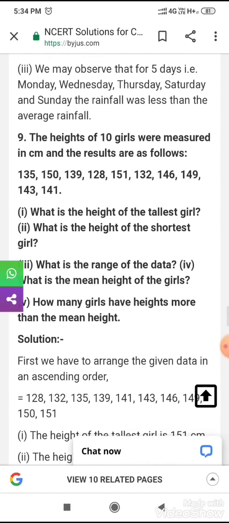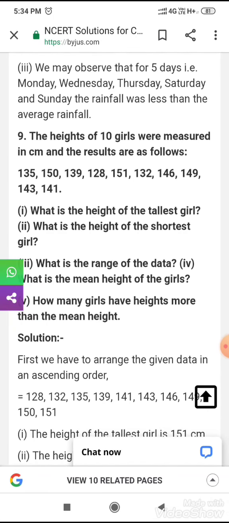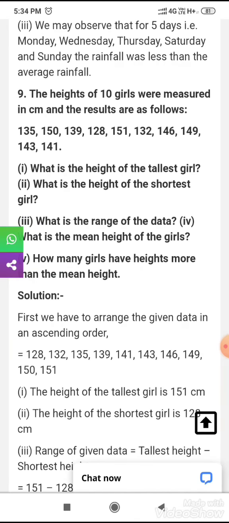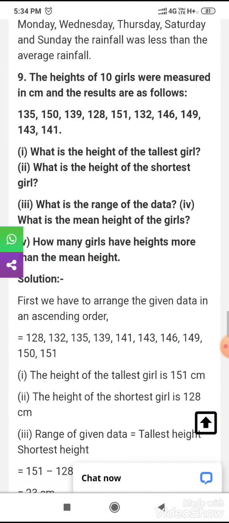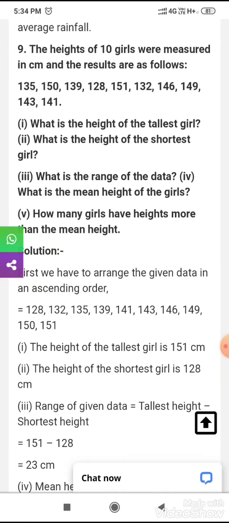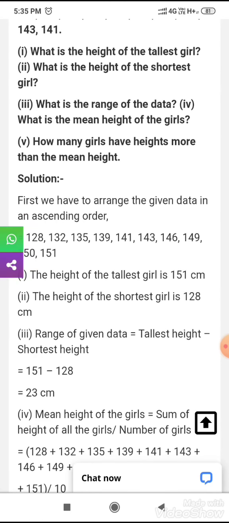Ninth question, the heights of 10 girls were measured in centimeters and the results are as follows, and we have to find out the height of the tallest girl, the height of the shortest girl, the range of this data, the mean height of the girls, and how many girls have height more than the mean height.